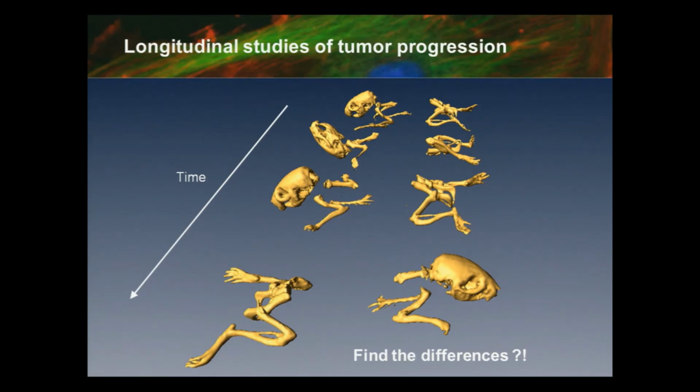How do you do that? You have scans that are taken maybe 1 or 2 weeks apart, and the mouse was in a completely different posture and position. This is clearly a registration problem.